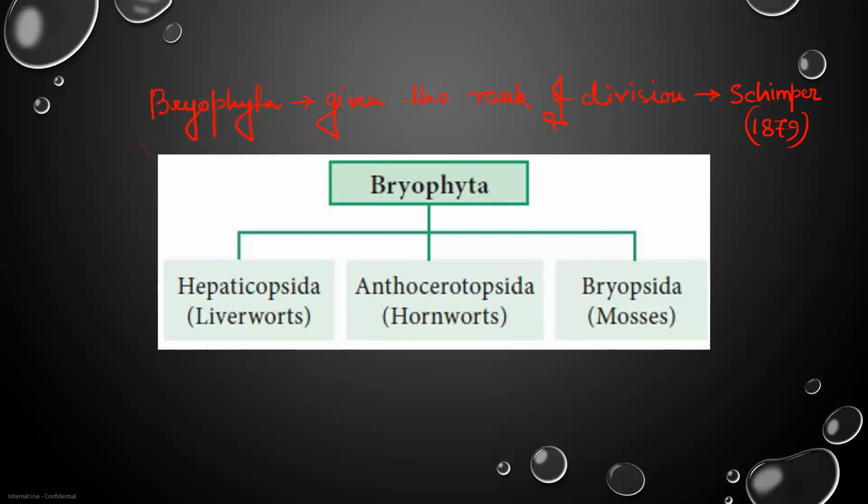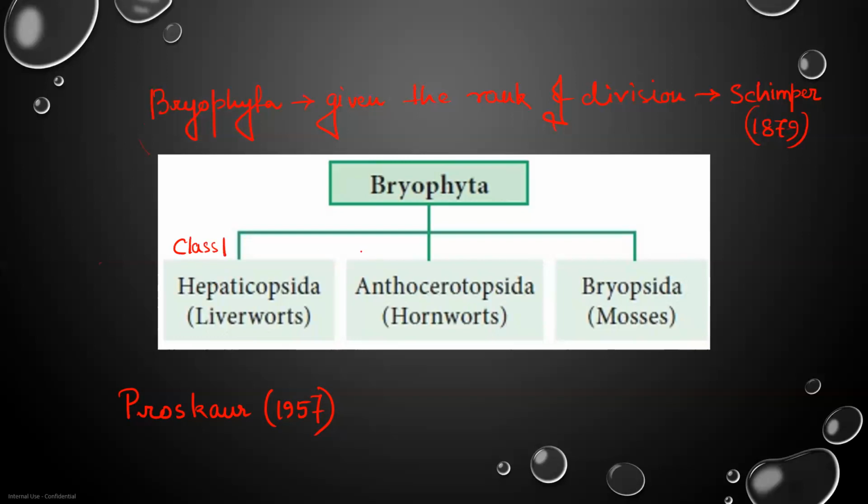And the classification adopted by Proskauer in 1957 is what we are going to talk about today. This classification shows three classes.